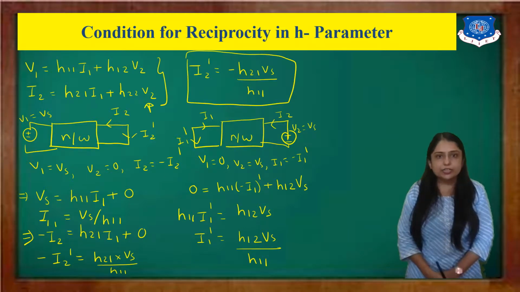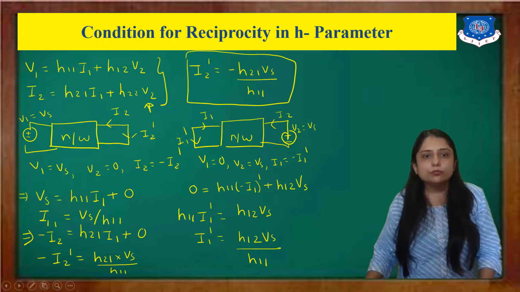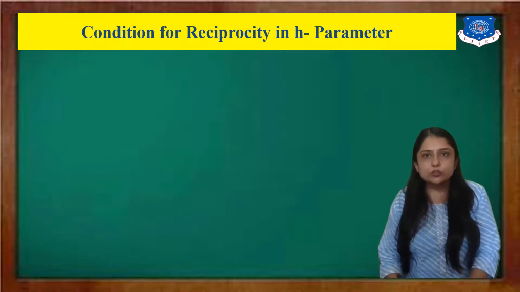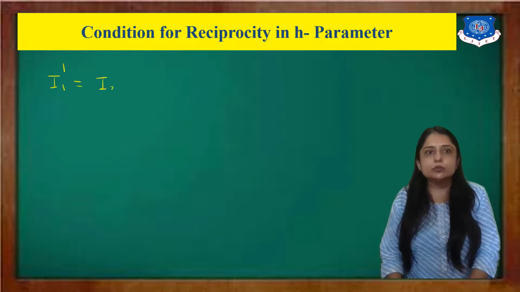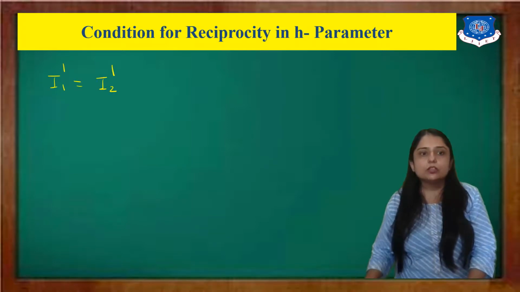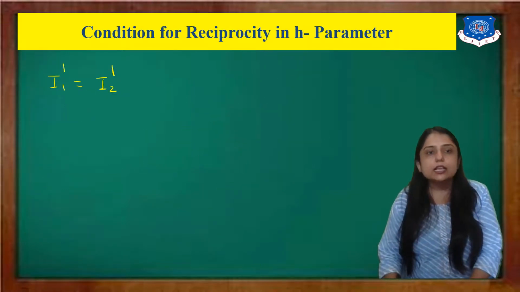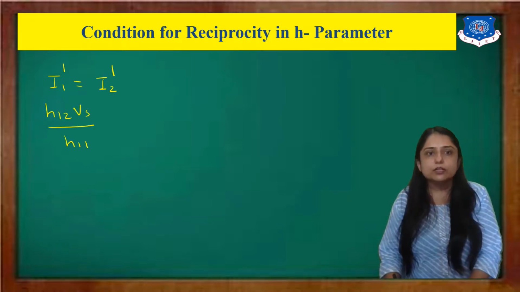It's I1 dash. Now, according to the reciprocity theorem, what I say? I1 dash that equal to I2 dash. So, what is the value of I1 dash? This is H12 into Vs upon H11.